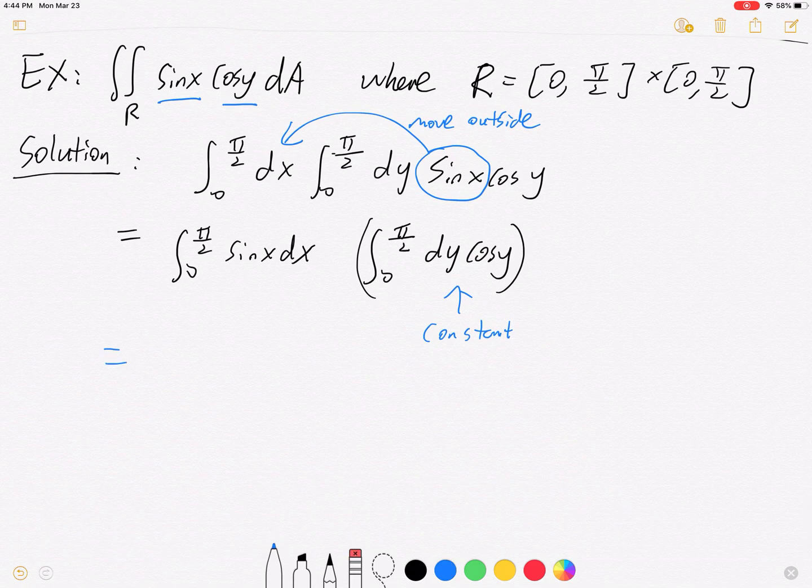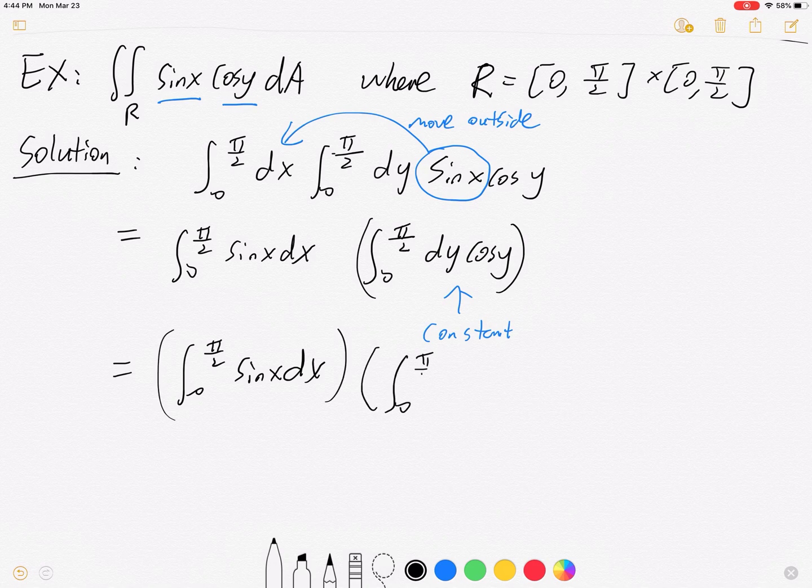Okay, then totally you will have the following formula for the integral. You can separate the integral into two parts and then do the product.